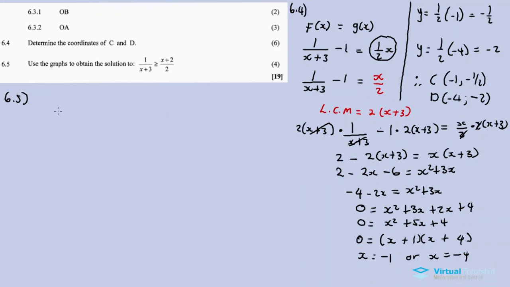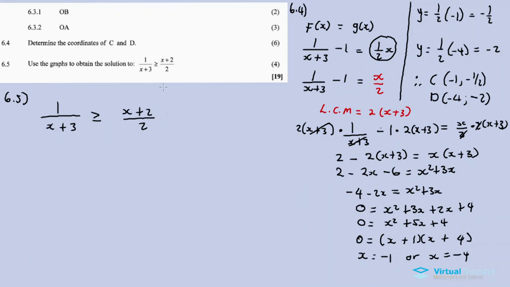For 6.5, we want the solution for this equation, 1 over x plus 3 and x over 2, right? We need to give a solution where f is greater than g, but it doesn't say find a solution where f is greater than g.